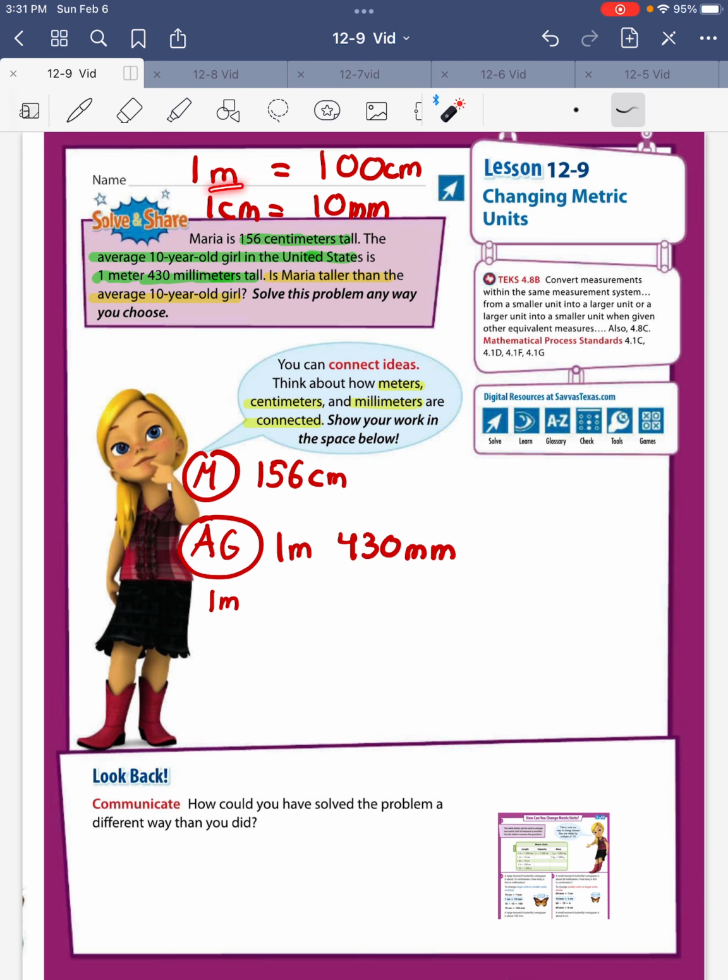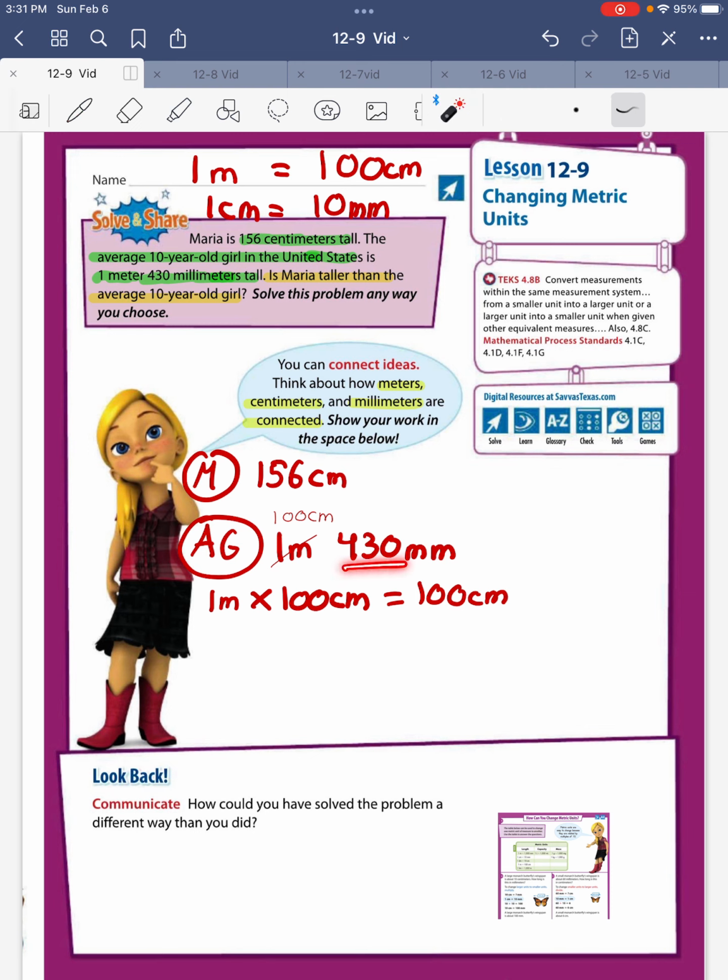If you're going from a big unit to a small unit, you are going to multiply, okay? If you're going from big to small, you multiply. So 1 meter times 100 centimeters, because I need to convert this meter to centimeters, I get 100 centimeters, okay? So I know this 1 meter actually equals 100 centimeters, okay?